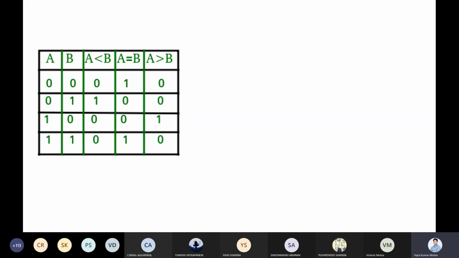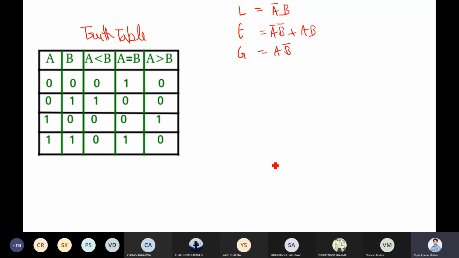Now let us draw the circuit for that. With the help of the truth table, we found for less than, A bar B; for equal to, A bar B bar plus AB; and for greater than, A B bar. Now I want to draw the circuit for this.